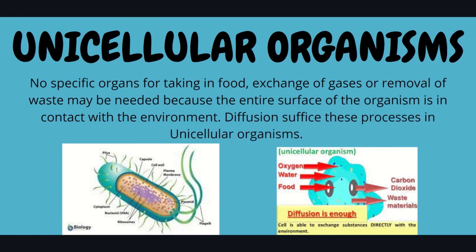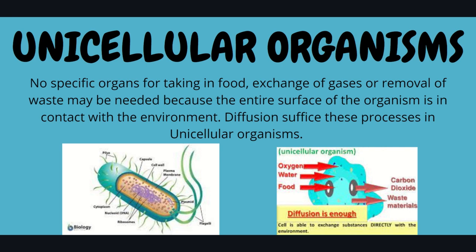In earlier classes also, we have studied about two types of organisms that are unicellular and multicellular. Unicellular organisms are those which are composed of only one cell. The entire surface of the cell of a unicellular organism is in contact with the environment.